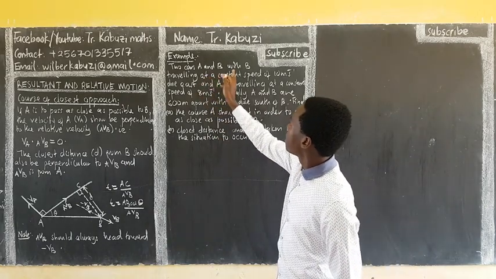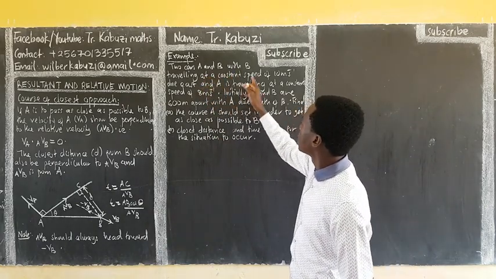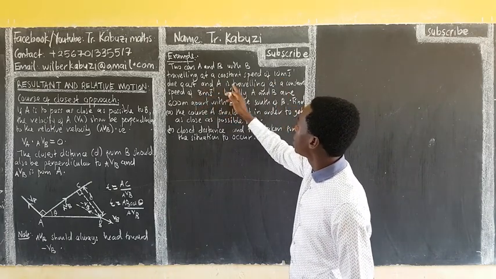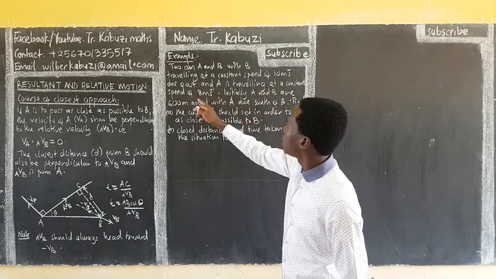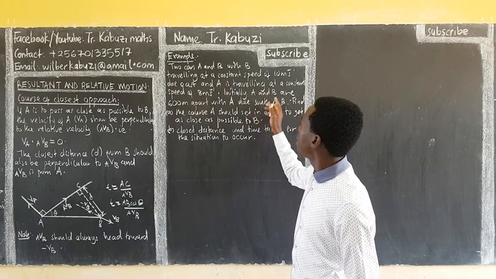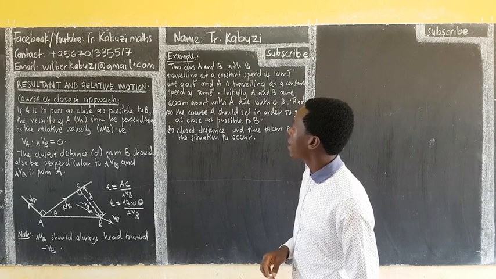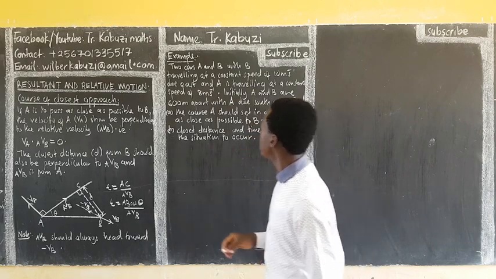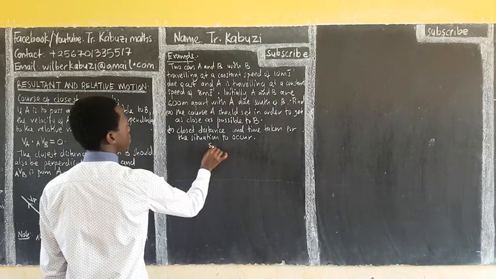Two cars A and B, with B traveling at a constant speed of 10 meters per second due east, and A traveling at a constant speed of 8 meters per second. Initially A and B are 600 meters apart, with A due south of B. So we start with that.